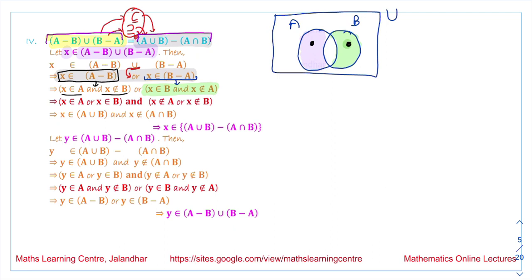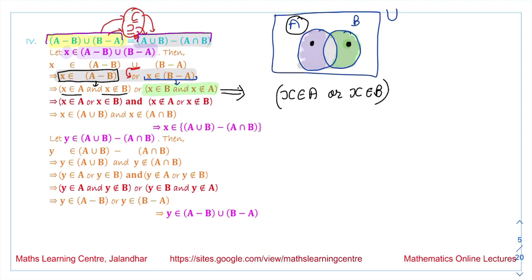So this thing we can also write in the form that we are talking about this. After this, what we are going to write is: either X belongs to A or X belongs to B. What this means is that X lies in this whole region.